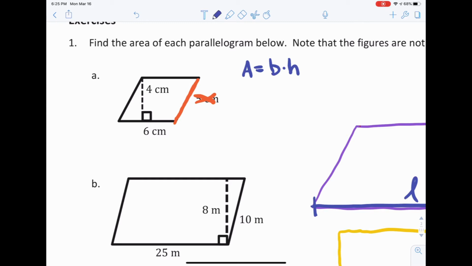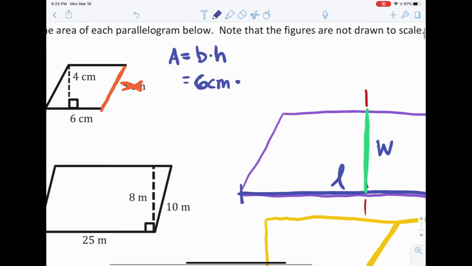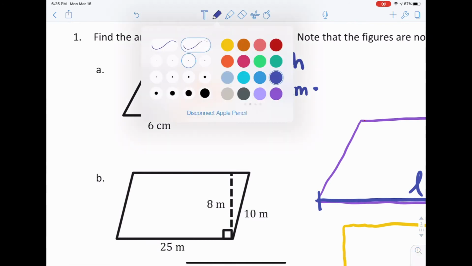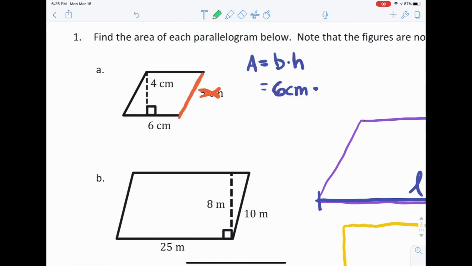What is the base of this parallelogram? The base is 6 centimeters. What is the height of this parallelogram? Remember, height goes straight up and down. And notice they even put this little box here, which means it forms a 90-degree angle with the base.